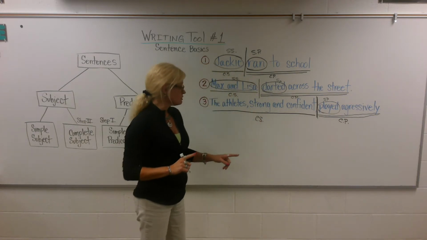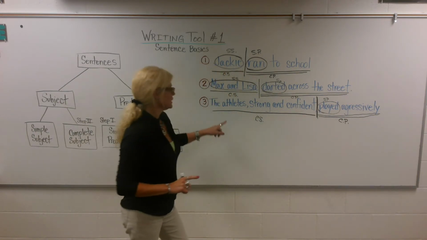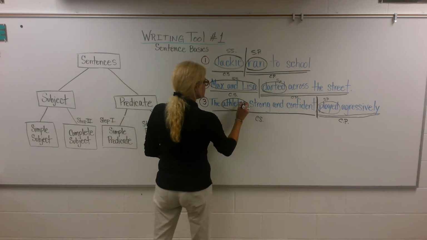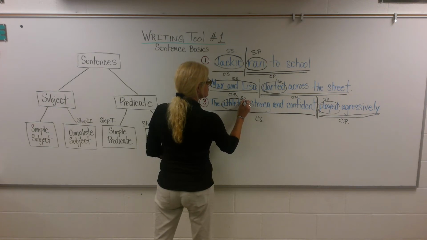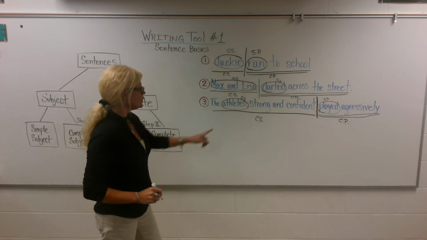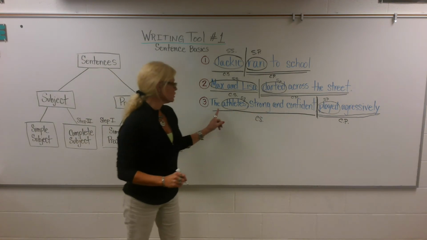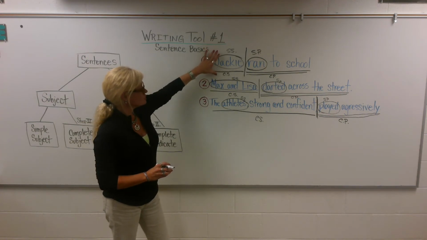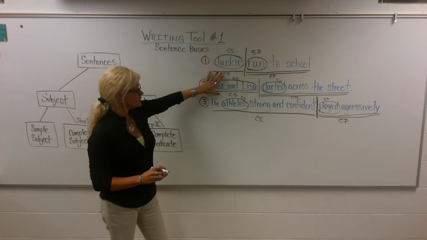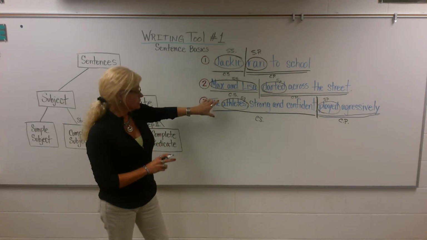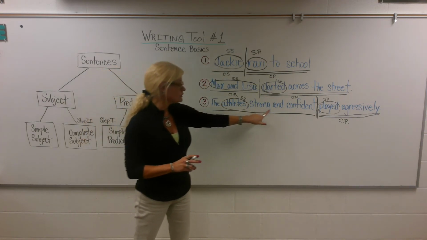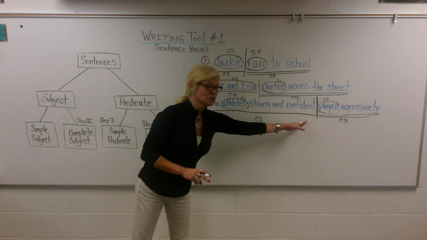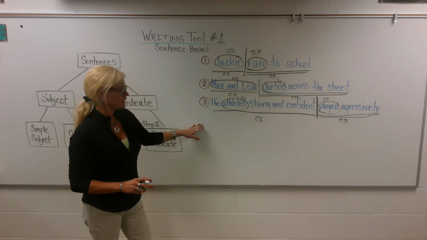But now when we ask ourselves, who played? Athletes. Athletes would be the simple subject in this case. We don't include strong and confident, and we don't include the. So you see here in this case, the simple subject is not the complete subject. But in sentence number 3, it's a little different because more information was given in this appositive. This is extra information, but it's still part of the complete subject.